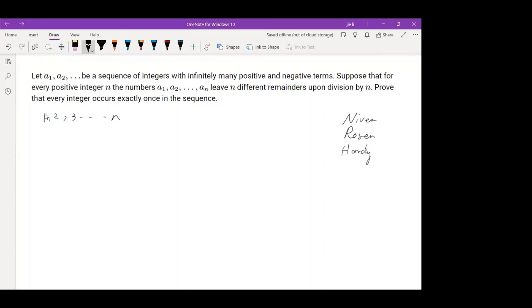If you subtract a large number, then you're going to get some terms positive, some terms negative.